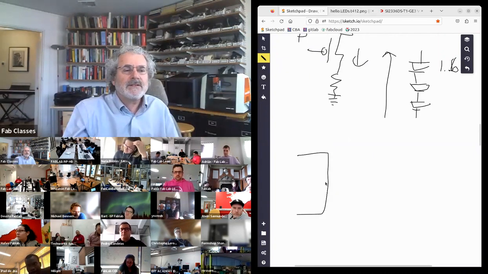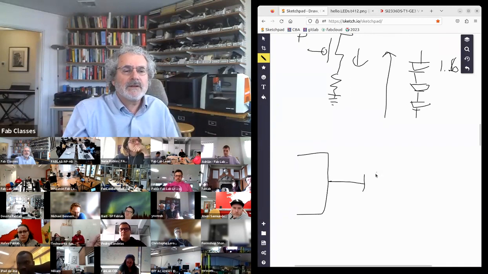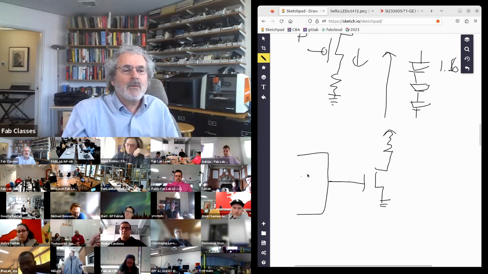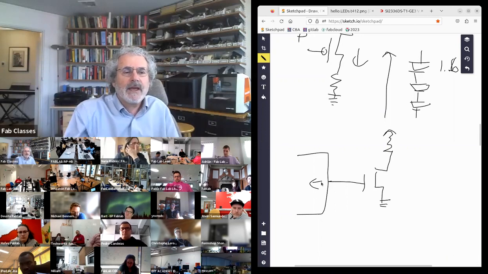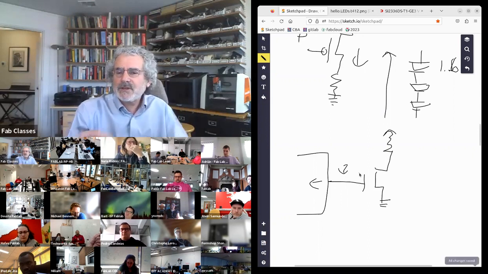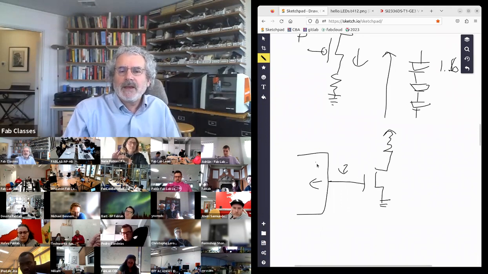we have our processor going to our transistor connected to our load. When I turn on the processor, initially this pin is an input, not an output. And so the voltage isn't specified here. And so the transistor could be doing anything.